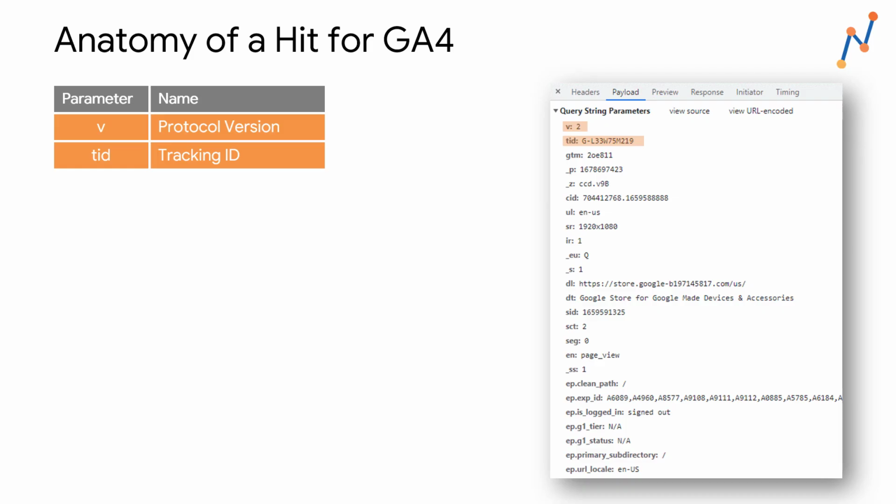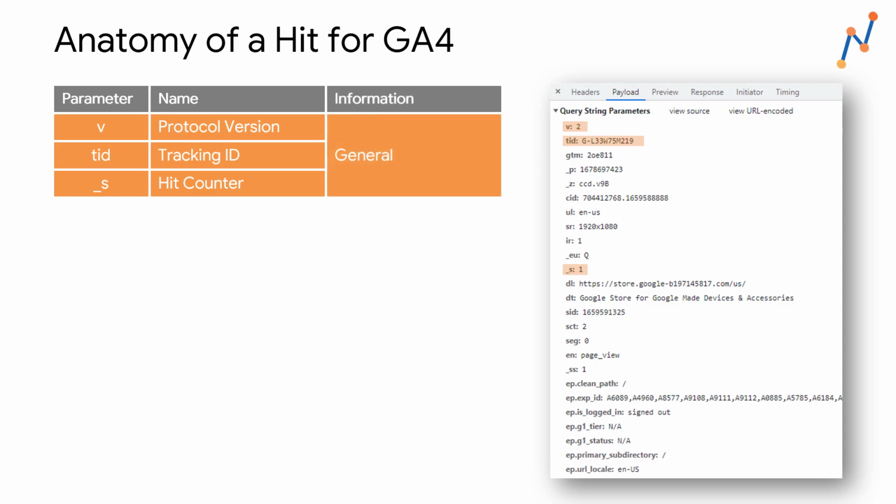A new parameter which comes along with GA4 is _s. It is used as a hit counter and represents all hits for the current page load. These three parameters send general information to GA4. The next two parameters are already known from Universal Analytics.